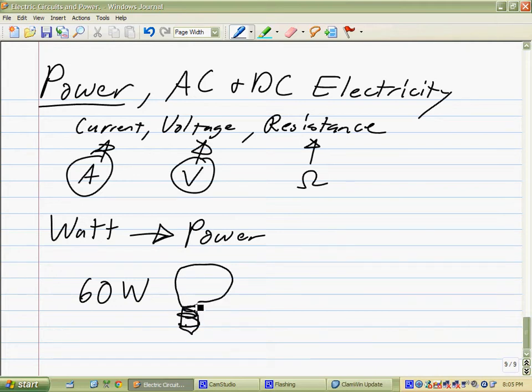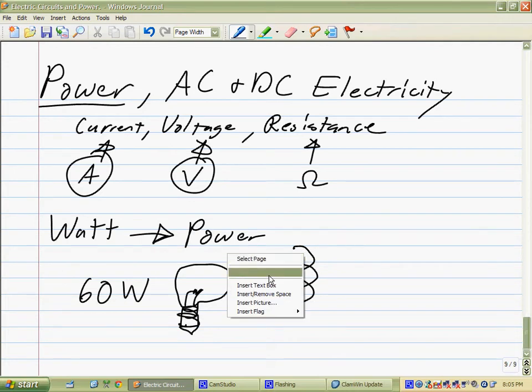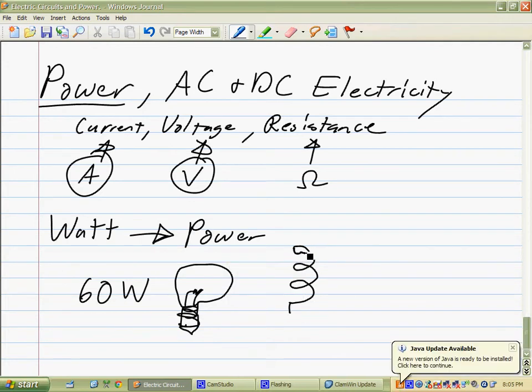Looks something like that. 60 watts. If you buy one of the spirally ones with the tubes, those are a little tougher to draw, but I'm going to try. That's not a very good drawing. But those spirally fluorescent tubes, a lot of times those have the same brightness as a 60 watt bulb, but they'll be maybe something more like 30 watts or less.